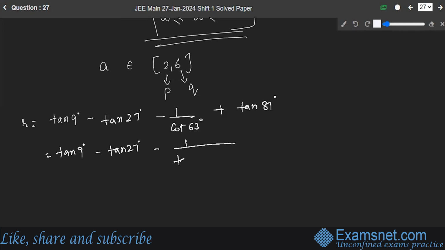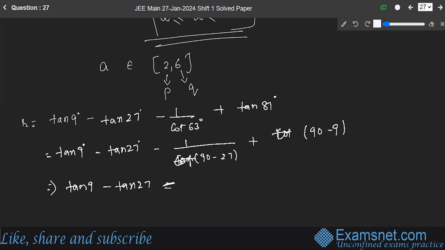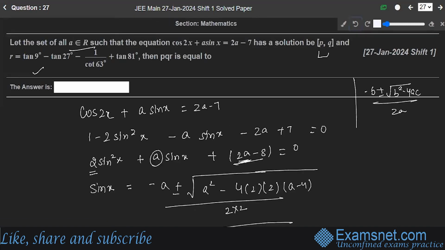So I will write it as tangent 90 minus 27 plus this will be cotangent 90 minus 9. This will be equal to tangent 9 minus tangent 27 minus this will be, wait, sorry, this was cotangent 90 minus this. Okay, wait, I will rewrite these lines.